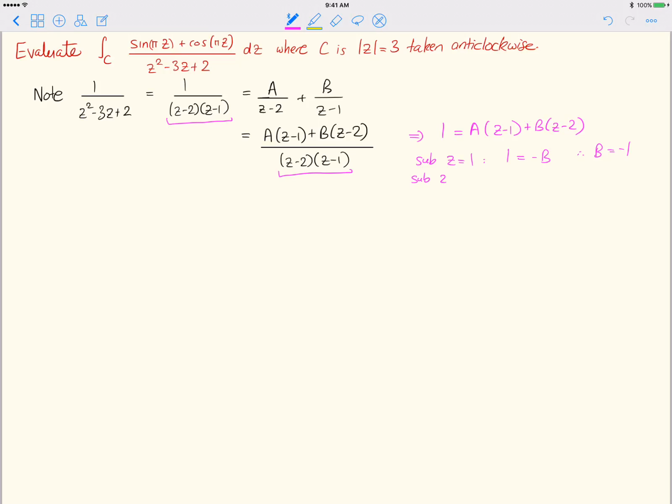And if I substitute z equals 2, then I'm going to get 1 equals A, or in other words, A equals 1. So that's how you would split it into partial fractions.